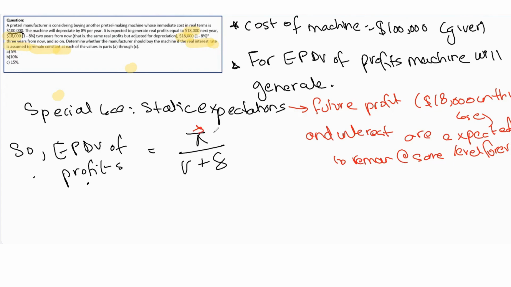This is $18,000 of real profit, which remains the same every year, just adjusted for depreciation. And delta is your depreciation rate by which you're adjusting that constant annual profit each year, like 18,000, then 18,000 times (1 minus delta), then 18,000 times (1 minus delta) squared, and so on. And r is your constant interest rate.